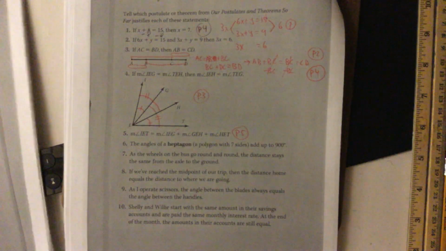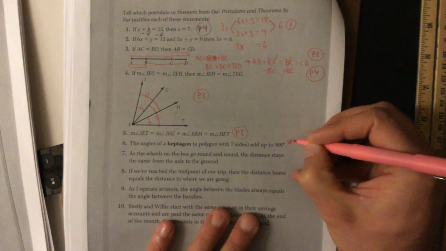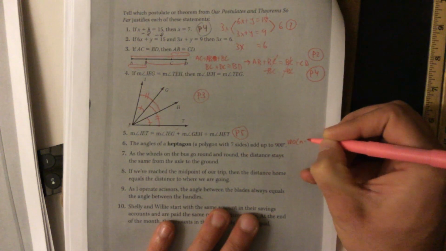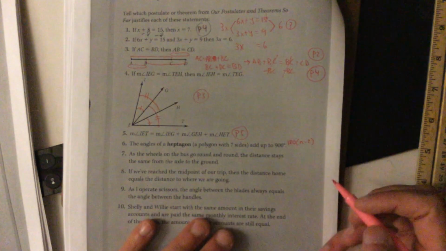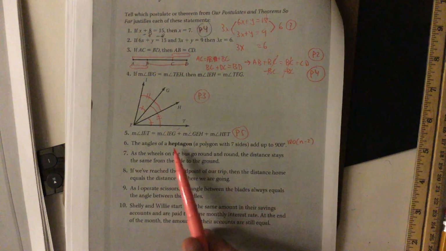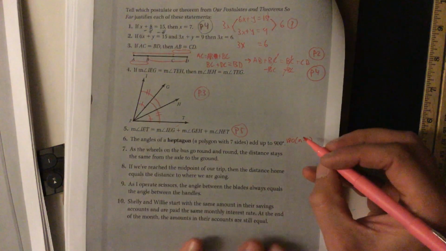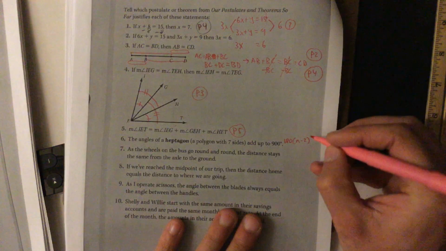Let's look at that. So just to prove it, 180 times n minus 2, where n is the number of sides. How many sides does a heptagon have? Well, it says right here, right? 7. Hept means 7. Like if you're familiar with a heptathlon, that's a competition with 7 events.